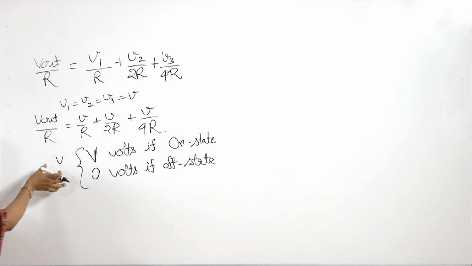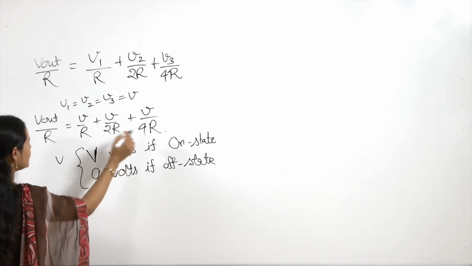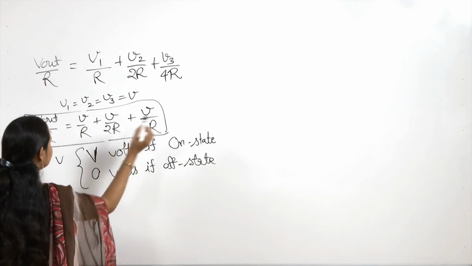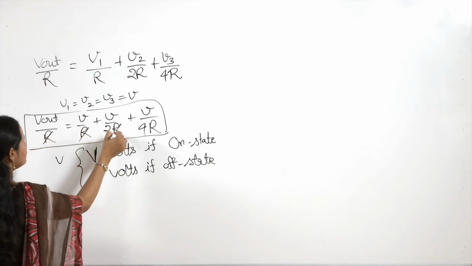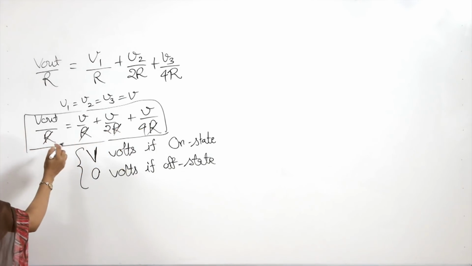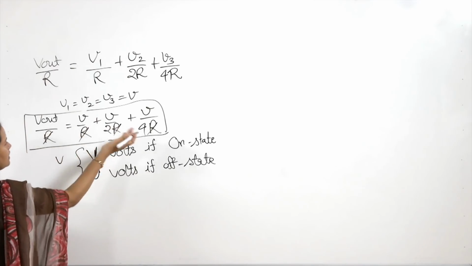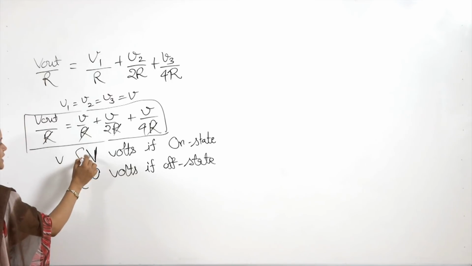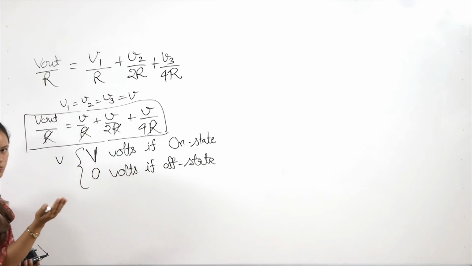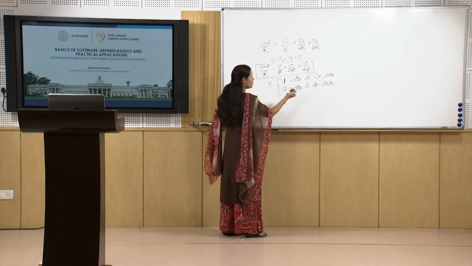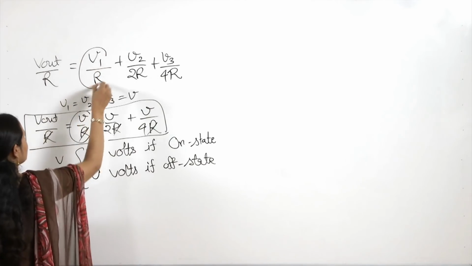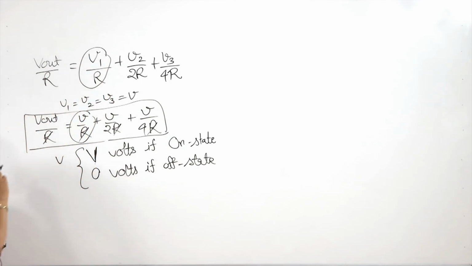So, if we look at it like this, and these are representing our relation between V out and incoming voltage V, we can see here that R will be cancelled, and basically it is just a relation between V out and V. So, if this voltage is represented as just a positive voltage V, and 0 when there is no voltage, the off state, then we can see that the first branch, which corresponds to V1 upon R, has a direct relation to V out.